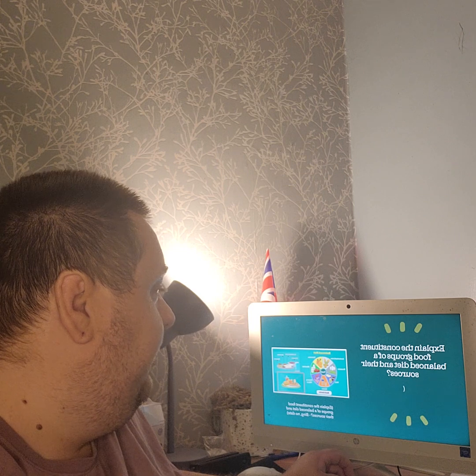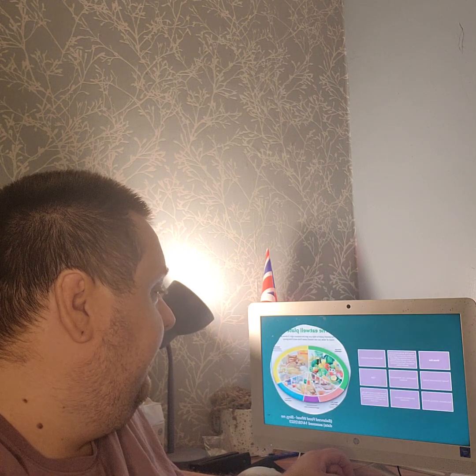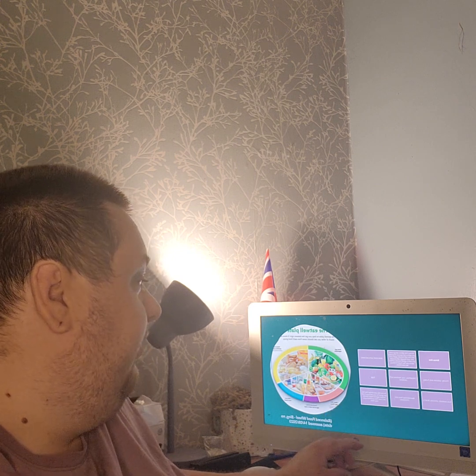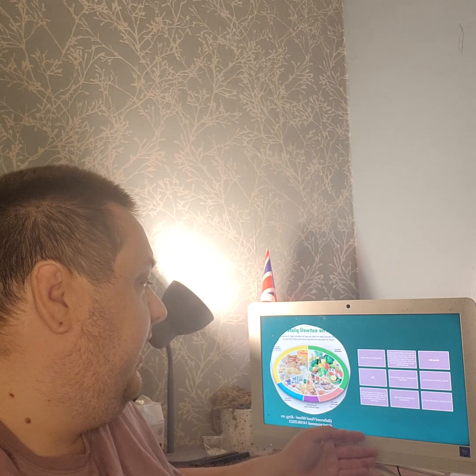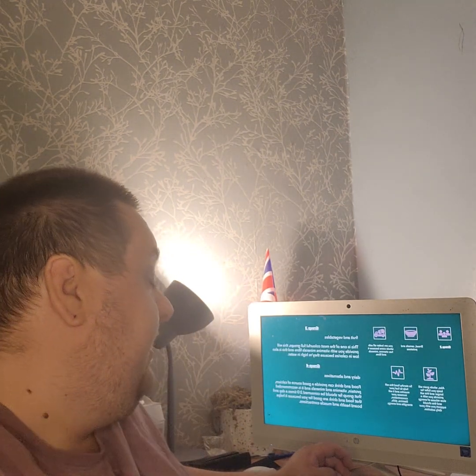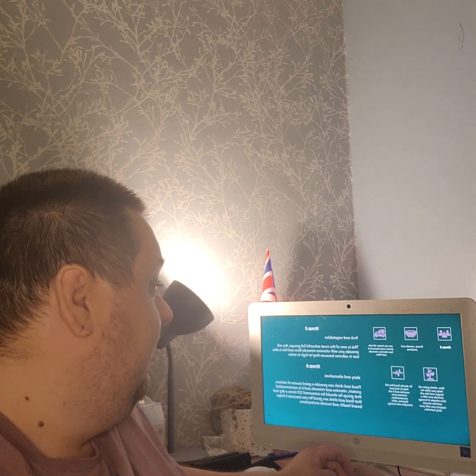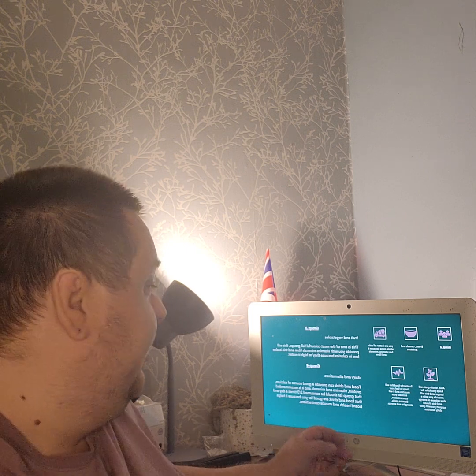Explain the constitution of food groups of a balanced diet. So this is group 1. This is beef, pork, lamb, chicken, turkey, nuts. Group 2 is bread and cereals and potatoes. Then we go on to group 3, which is fruit and veg.